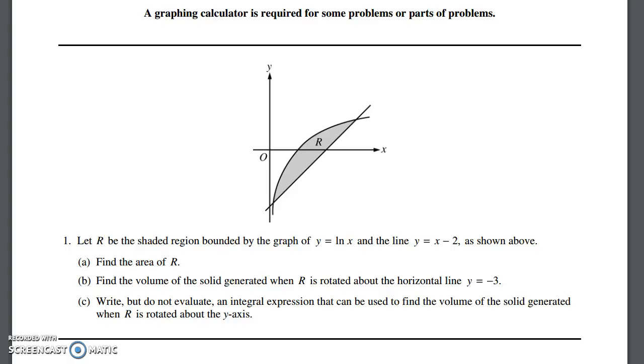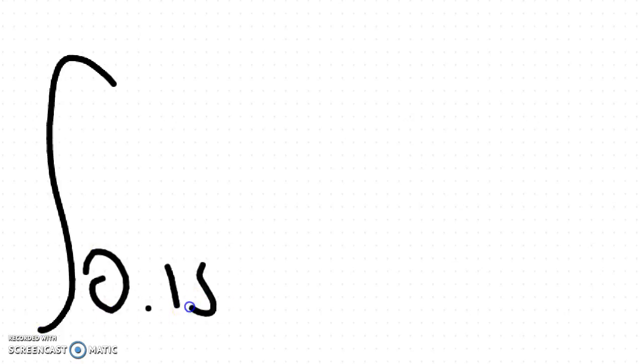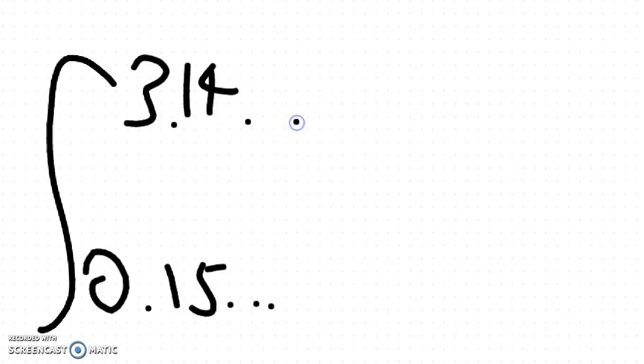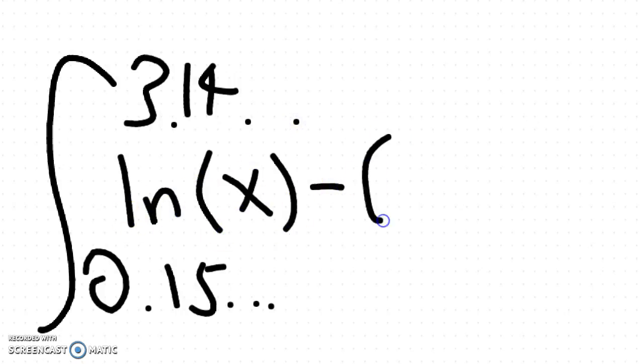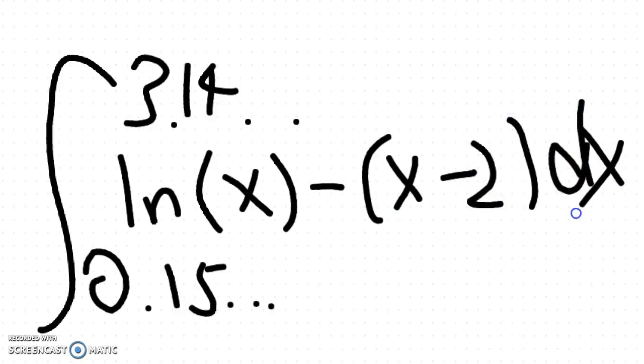Now, to find the area, as previously stated, we just do the top curve minus the bottom curve, and we can take the integral with the bounds. So when we integrate, just from 0.15 to 3.14 of the top curve, ln x, minus the bottom line, x minus 2, dx.